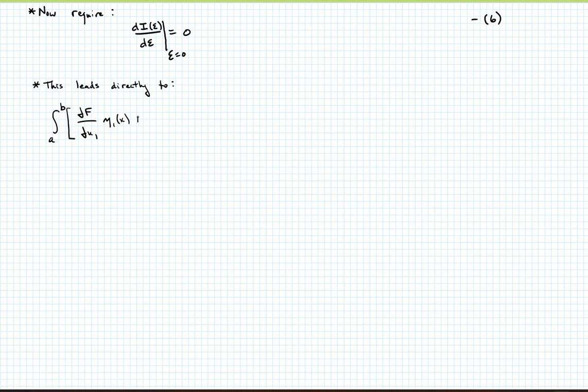Then we go plus dot dot dot all the way up to partial of f with respect to un times a to n of x, plus the partial of f with respect to u1 prime times a to 1 prime of x, plus dot dot dot plus the partial of f with respect to un prime times a to n prime of x, close brackets, dx equals 0. Let's call that equation 7.